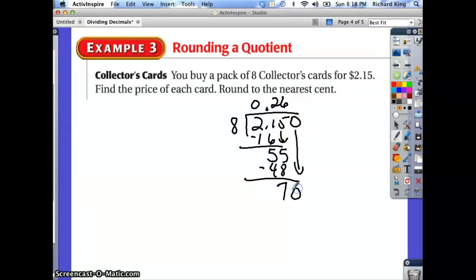So bring that 0 down. 8 will go into 70 8 times. 64. Subtract and you get 6. We've gone to 3 decimal places, so we can stop here. So we want to round this number, so we're going to look at the 8. Is it 5 or greater? It is, so the 6 becomes a 7. So each card is worth 27 cents.